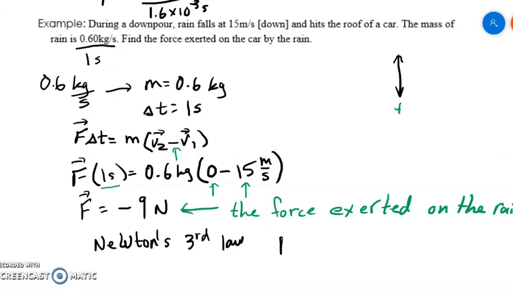So then the force on the car is also 9 newtons, just down instead of up. So the force on the car also equals 9 newtons, but down.